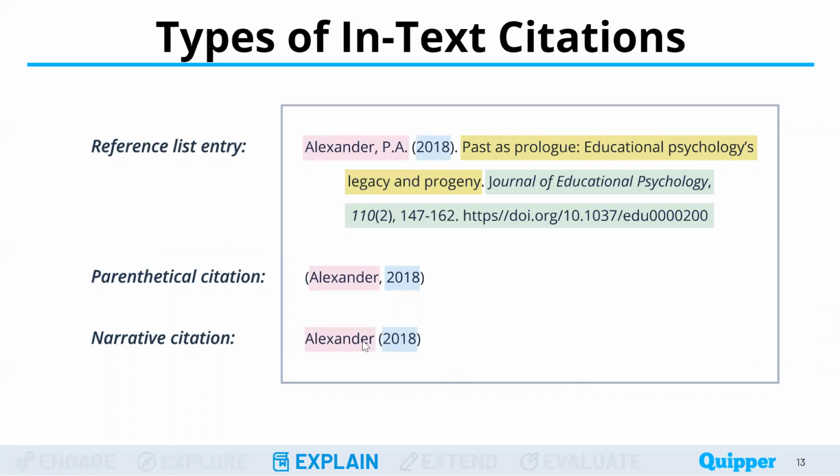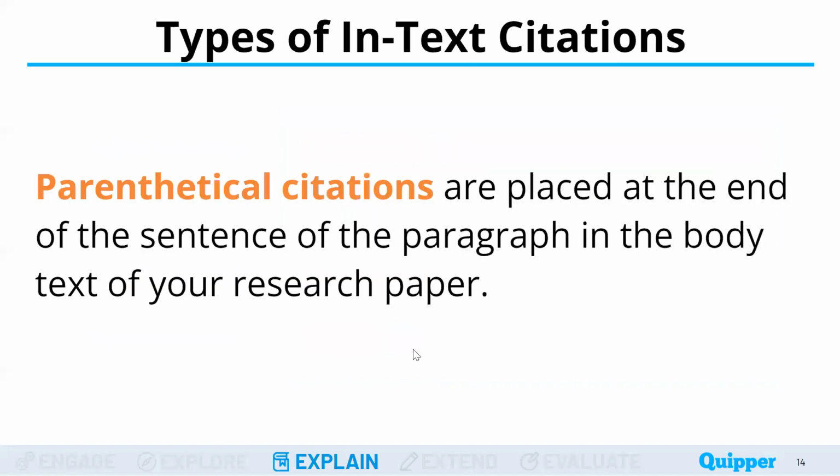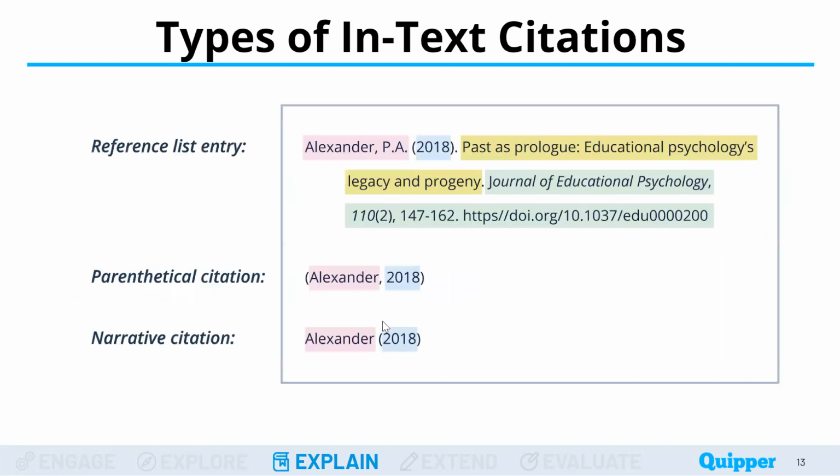Narrative citation, usually talaga ito yung ginagamit. Yan, Alexander, parentheses, 2018. Okay, so parenthetical citations are placed at the end of the sentence or paragraph in the body text of your research paper. Ang pinagkaiba nila, yung parenthetical, ito na yung last part.